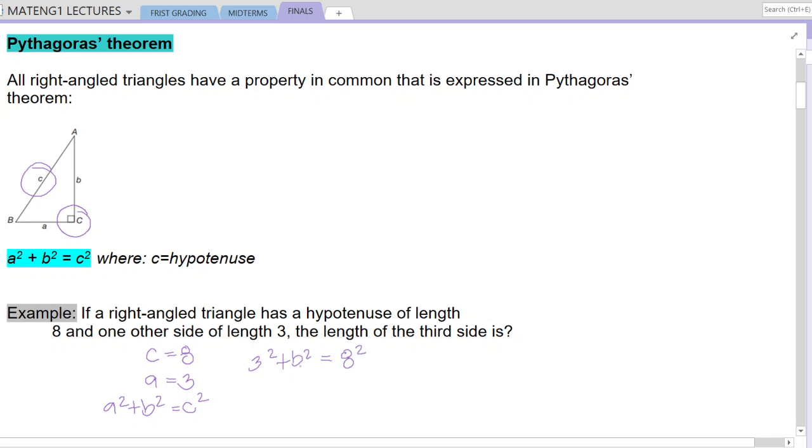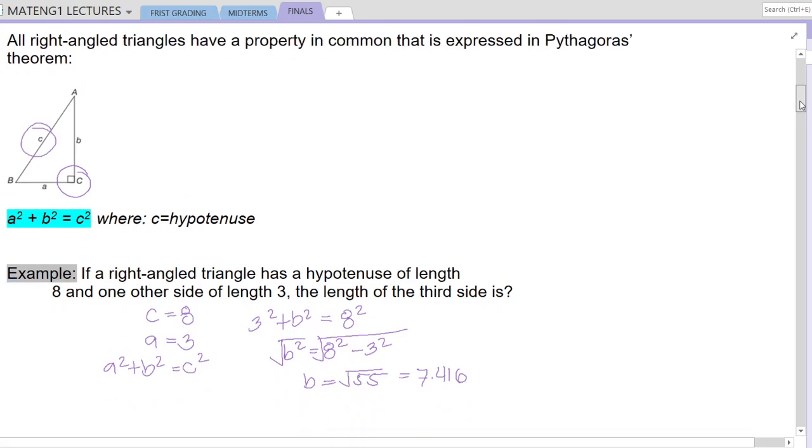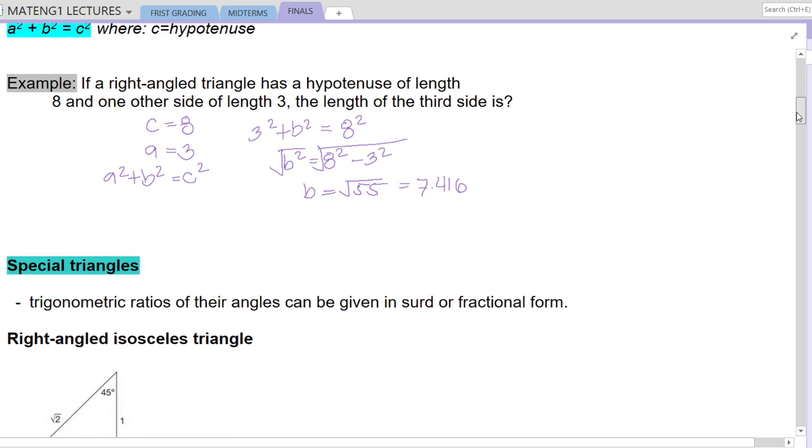To get the value of the third side, b squared is equal to 8 squared, transposing 3 squared to the right side of the equation, which becomes negative 3 squared. To get the value of b, we square both sides of the equation. So the third side will be equal to the square root of 55, and in decimal form, that is equal to 7.416. Okay, so that is our final answer.